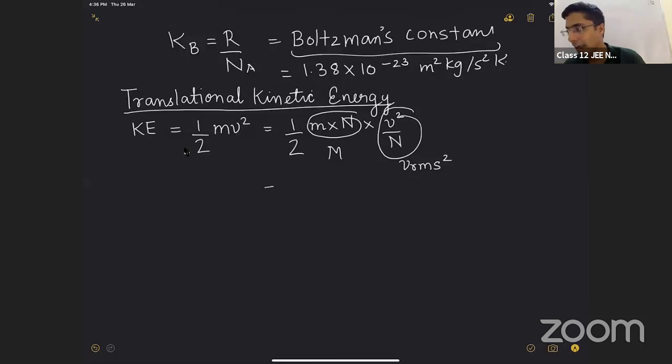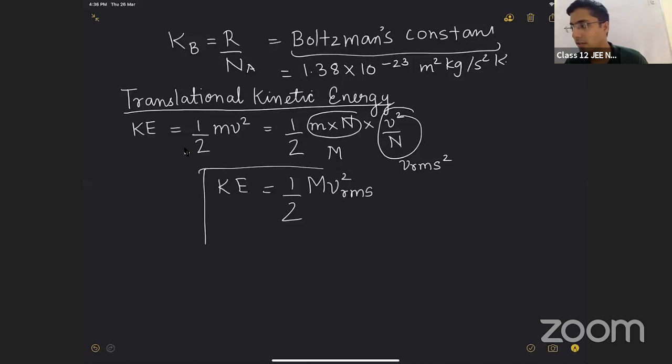Correct? So kinetic energy is half m V RMS square. So if you want to find the kinetic energy of the gas, all you need to do is find the root mean square velocity. You know the mass of the gas, half m v RMS square.